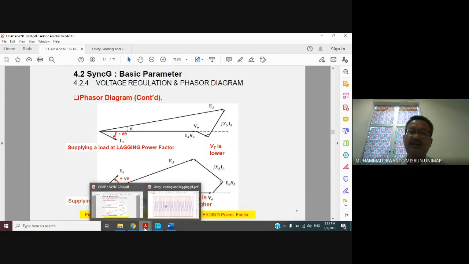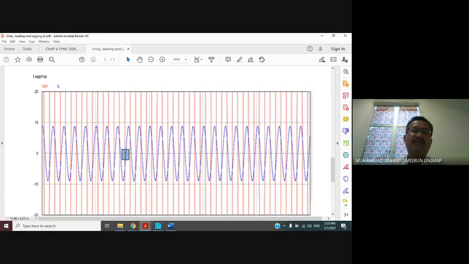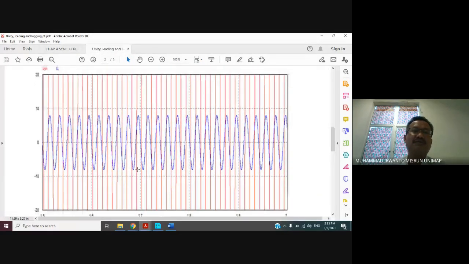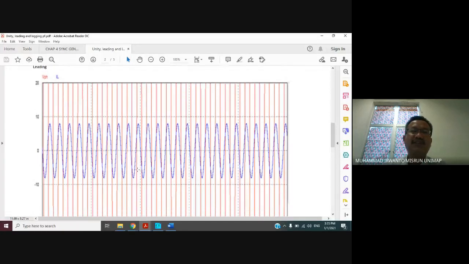If we look at the waveform, this is an example for the leading case. Please observe here: the blue is the current and the red is the voltage. As before, the water surface is this, and this is time.